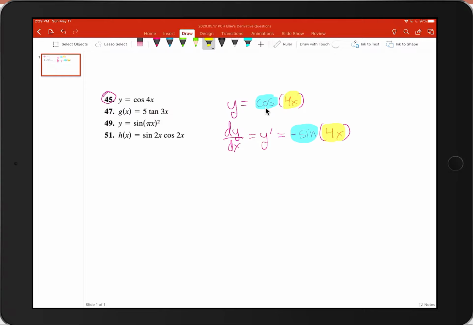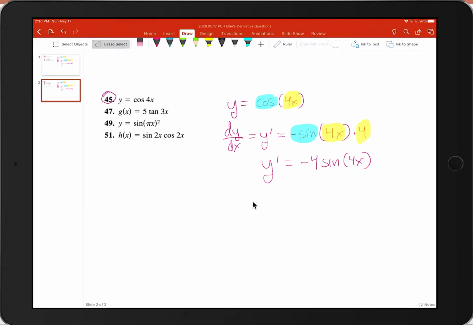And then I'm going to do something again, multiply times the derivative of the inside function, and the derivative of 4x is 4. So my final answer for y prime would be negative 4 sine 4x.